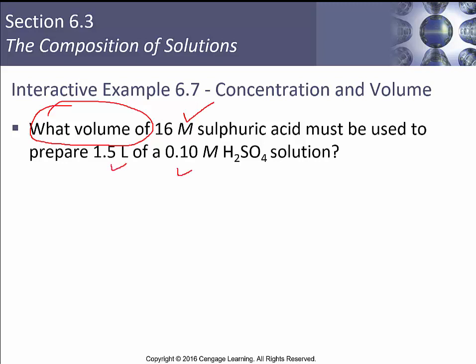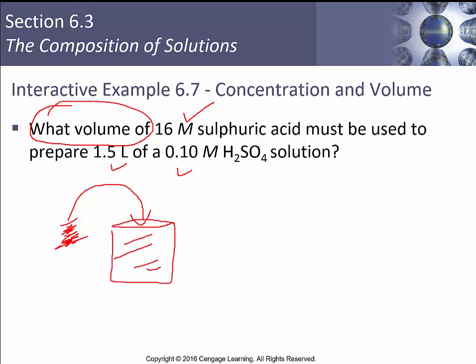So how much of this concentrated stuff do I need to make a given target volume and concentration? How much do I need to put in here to make that work out? All right, we know the volume, 1.5 liters, and we know the concentration, 0.1 molar.